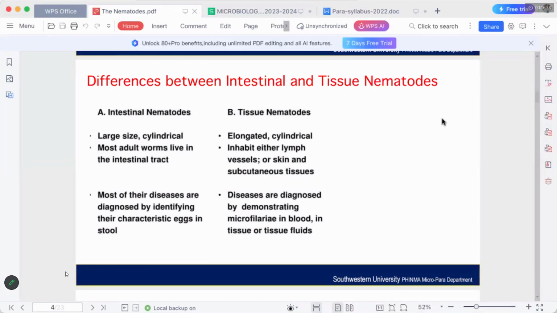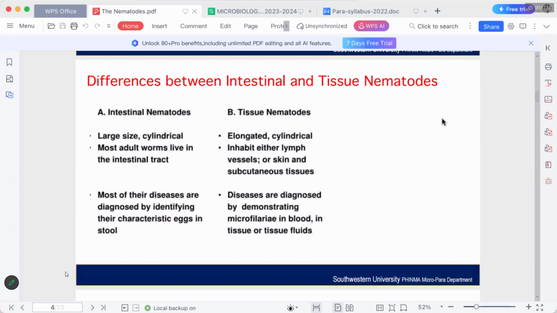When you say intestinal nematodes, they are usually large in size, cylindrical. Most adult worms live in your intestinal tract, so most of their diseases are diagnosed by identifying their characteristic eggs in stool.